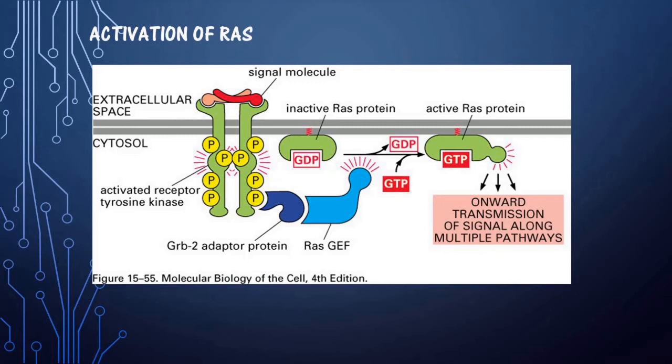The function of this protein is to adapt the binding between two molecules, the receptor and RAS-GEF. When RAS-GEF binds to the adapter protein bound on the receptor, it gets activated, and it acts on the inactive RAS protein bound to GDP to release the GDP and take up active GTP, so that the RAS protein becomes activated and proceeds with signal transduction.